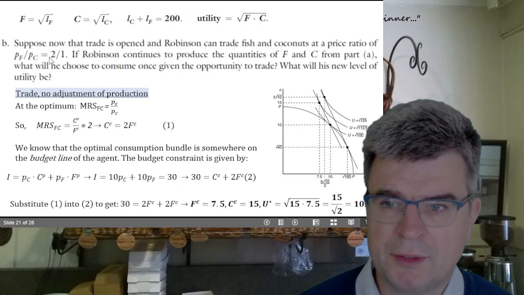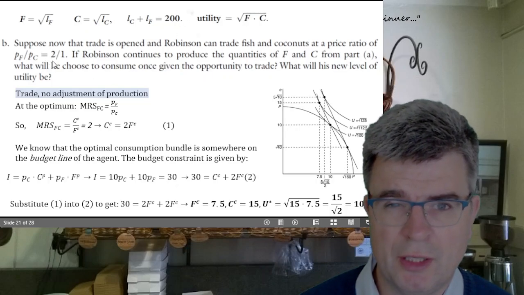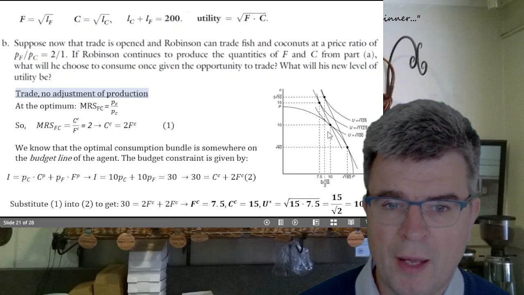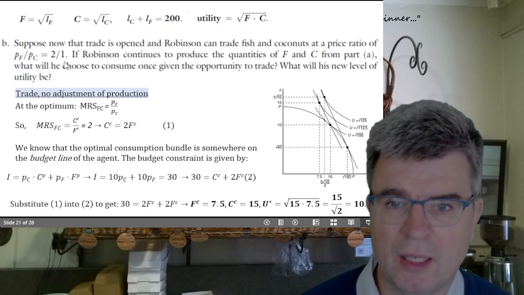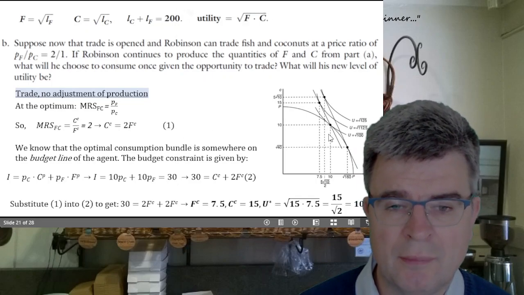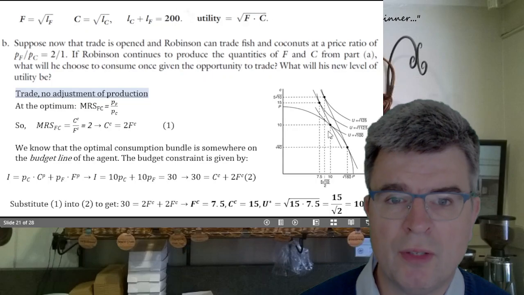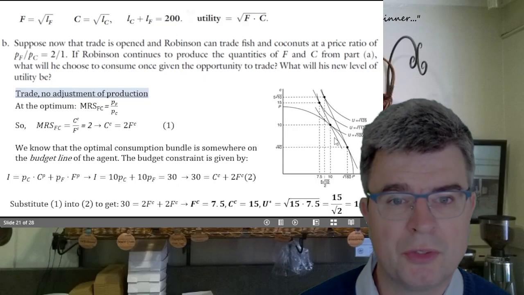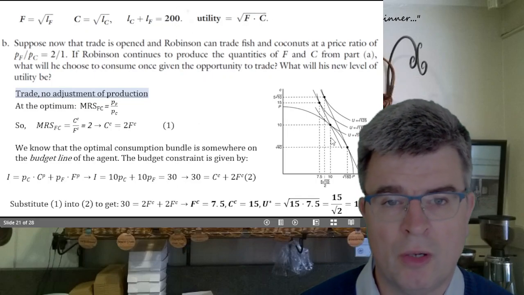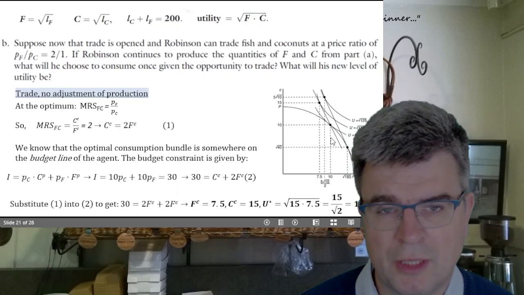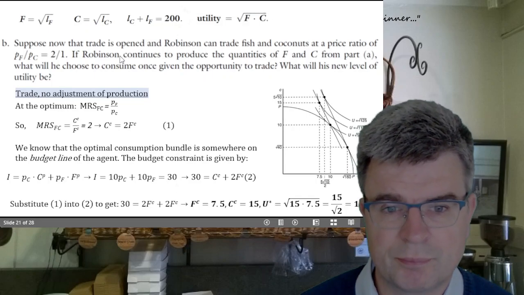What Robinson realizes is that the price of fish is relatively attractive, and the world likes fish more than he likes fish to some extent. So he can benefit from also shifting his production, because now trade is possible. He can produce some more fish for the market and sell it to other people.